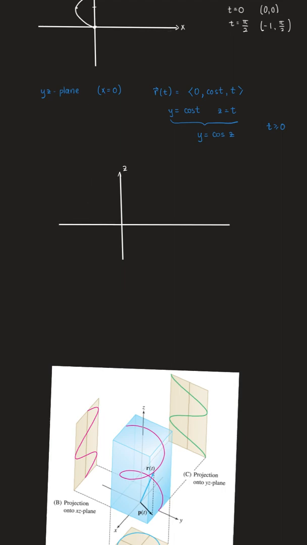I generally let z be the vertical axis no matter what the horizontal axis is. And we have y as cosine. So cosine of 0 is 1. So when t is 0, we're going to start here, and we're going to generate the cosine function, but only for values of t greater than 0, so z must be positive.